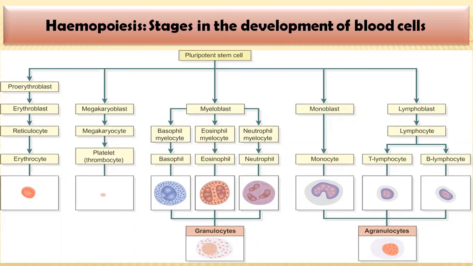The red bone marrow, this is where you find these hematopoietic stem cells that can differentiate into other blood cells. Then yellow marrow, you don't really have much of these stem cells, but this is where you find much fat. That's why it's yellow. So the one that is involved in development of white blood cells and red blood cells is the red bone marrow.